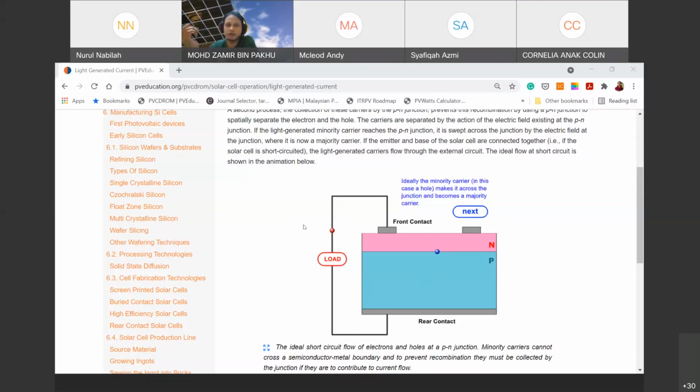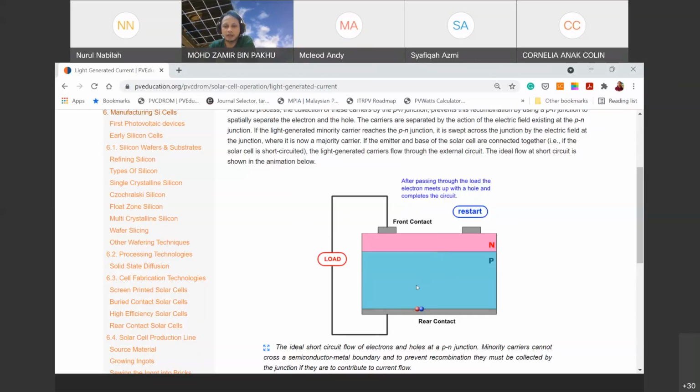So again, even though the holes are the majority carriers, we still have the minority carriers, which are electrons in this p-side region. So if that's the case, the probability of recombining is still there, but it will be very, very low, because the majority carriers in this case are the holes in the p-side, okay? So look at the holes now, is drifting to the p-side region to be collected. And then the circuit is completed, okay?